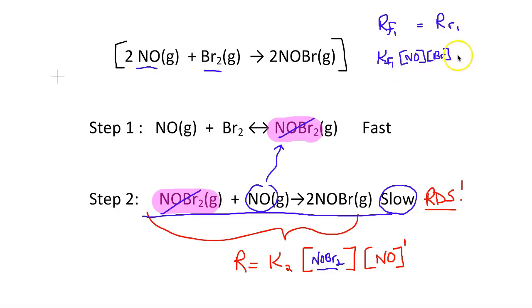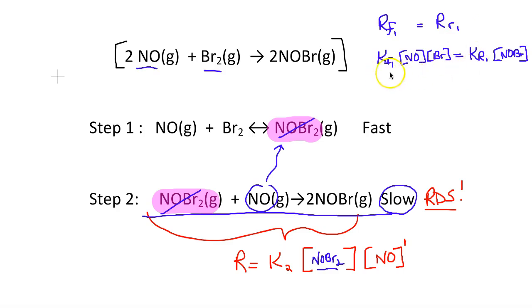All right. And that has to equal the k of the reverse of the first step, and that's going to be times NOBr to the first power. Well, let's relate it to NOBr, right?